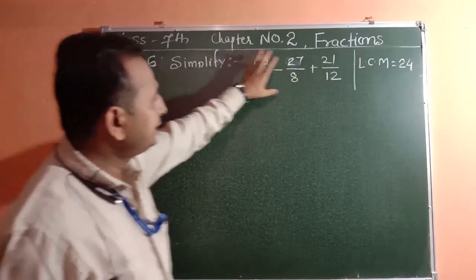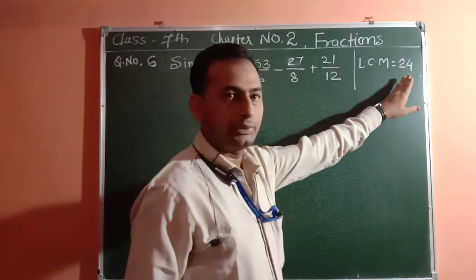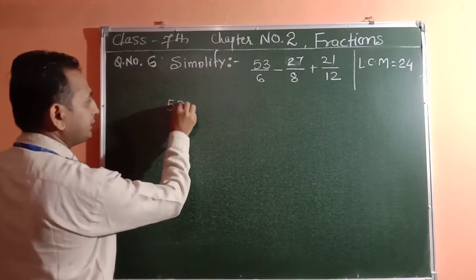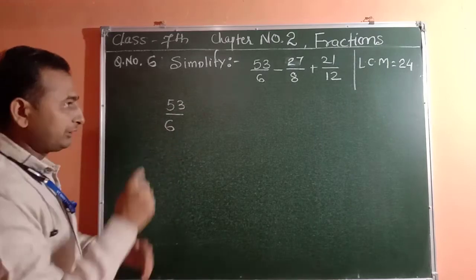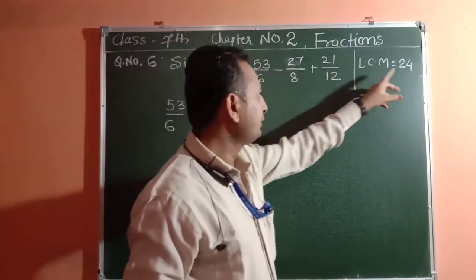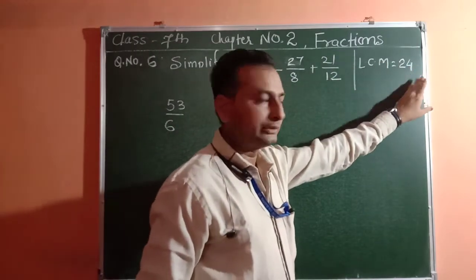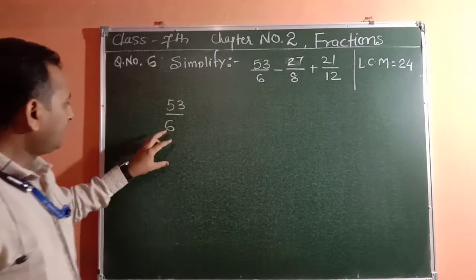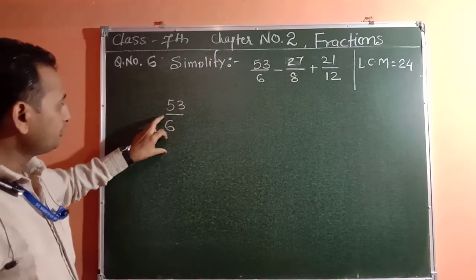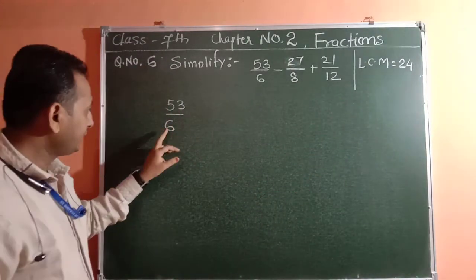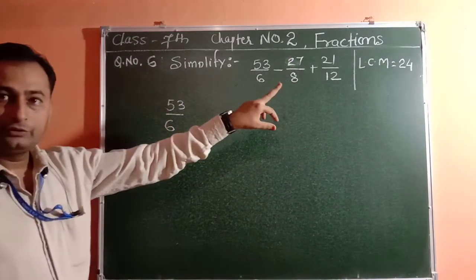Now our question is this, and the LCM is 24, which means all the denominators should convert to 24: 6 to 24, 8 to 24 and 12 to 24 by multiplying by some number. Which number multiplied by 6 gives 24? Obviously 4, because 6 fours are 24.